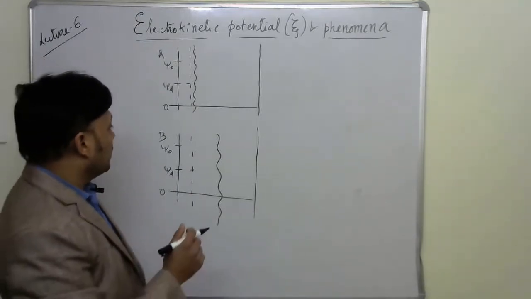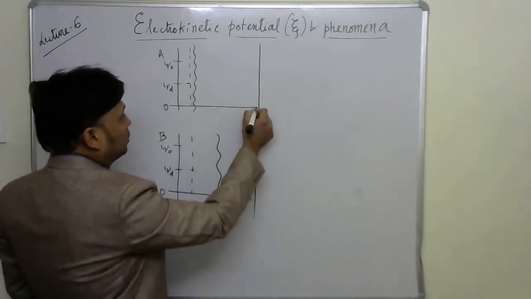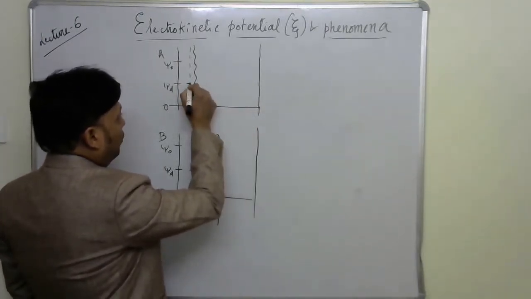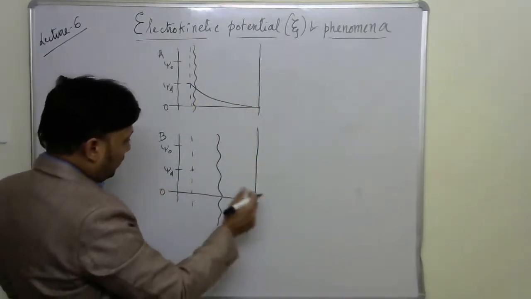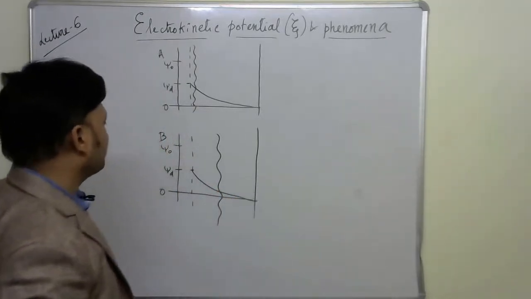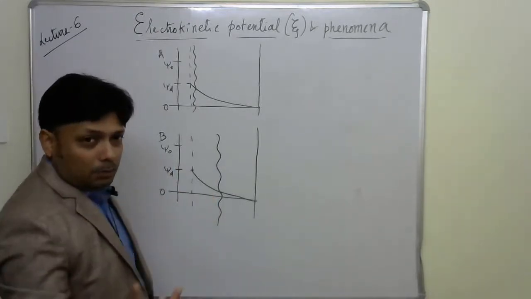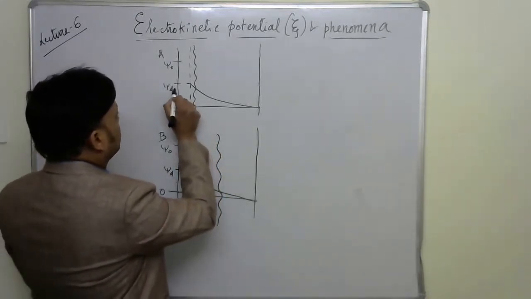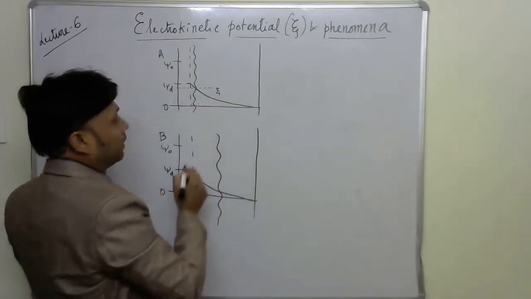So you see, we follow the rule. From here to here, it will follow the exponential fall like this, and the same thing here, it will follow the exponential fall like this. Okay. So now, the interesting scenario is in both the two cases, the zeta potential is different. For the first one, you see, this is the zeta potential, alright?